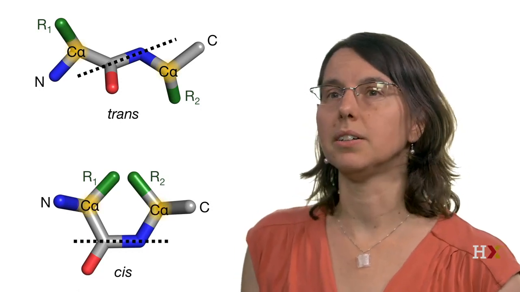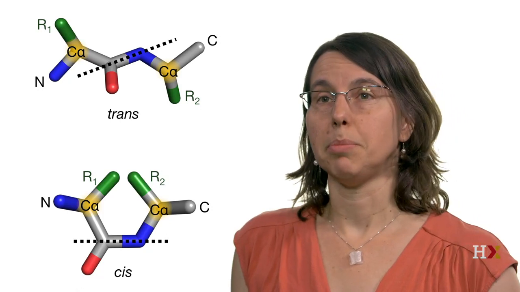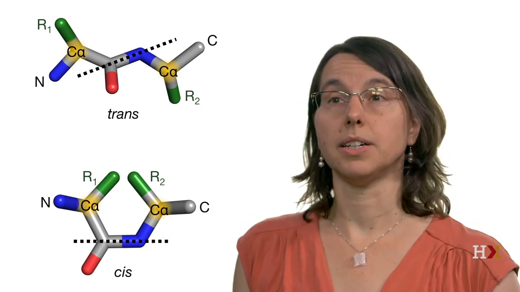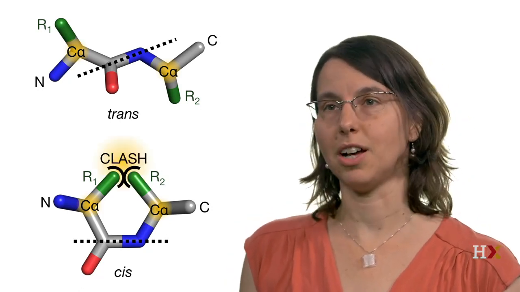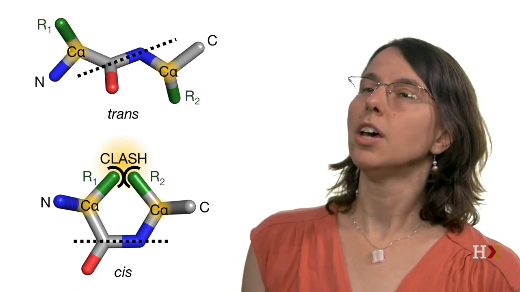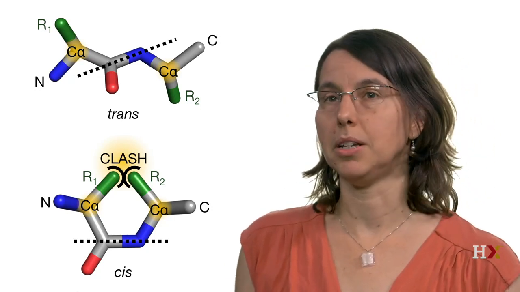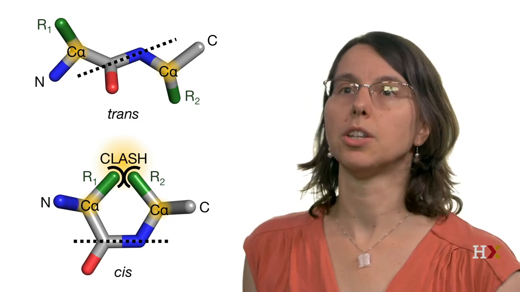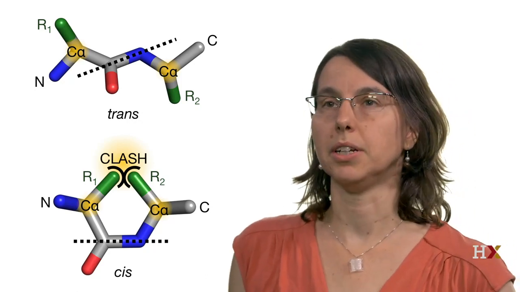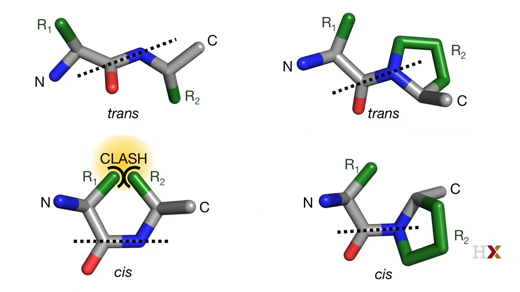But as you see here, when they're on the same side of the peptide bond, the 2 side chains tend to clash, and that means that the cis conformation is unfavored. So almost all peptide bonds are in the trans conformation, with one exception, and that's the peptide bonds that are N-terminal to a proline.